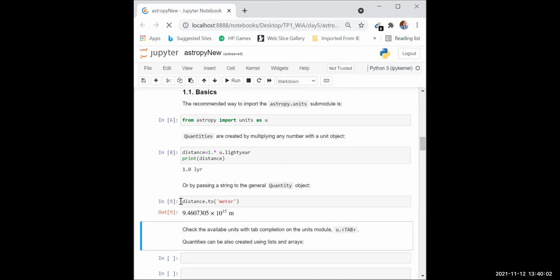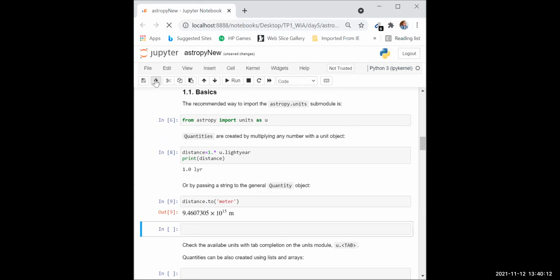This is very simple for us to convert from light years to meters and so on and so forth. Okay, so I can even try another thing called, say, distance to parsecs. Distance is the variable, and I say distance to, and I'm doing it to parsec.